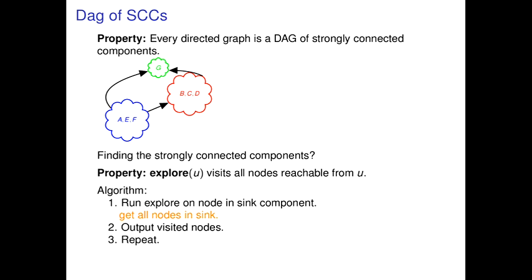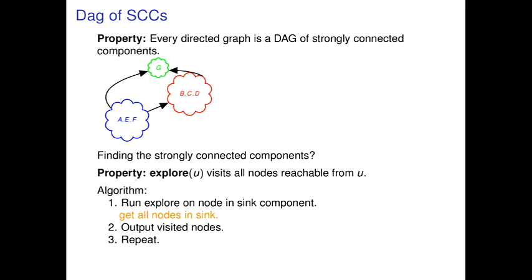And not only that, now let's say I can do that efficiently. Say God gives us an oracle, or God, depending on whether you're religious, or Greek, tells you a node in the sink component. That's all you need. You don't need all the nodes in the sink component, just one.